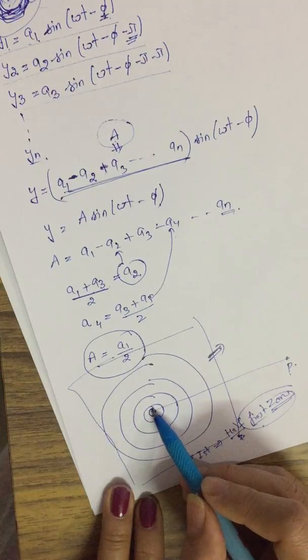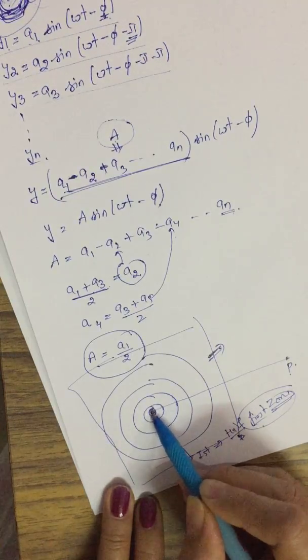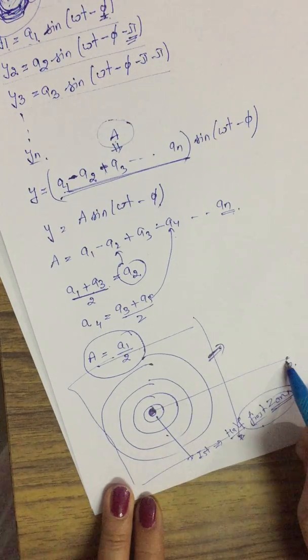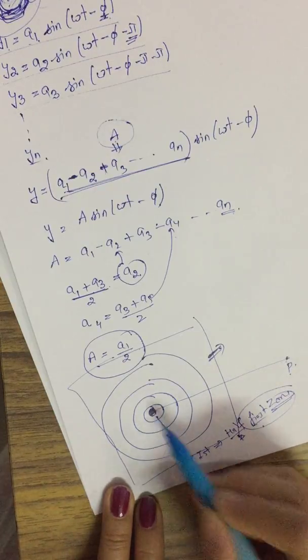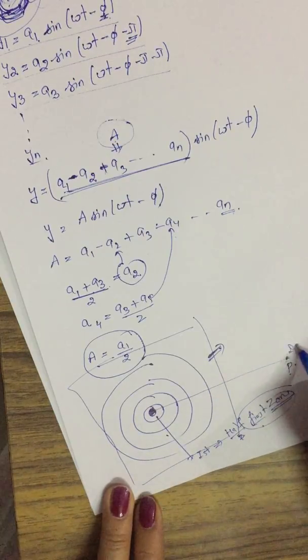If you cover this with some obstacle, it means you are not allowing the light from this part to fall on point P, and you will find darkness.